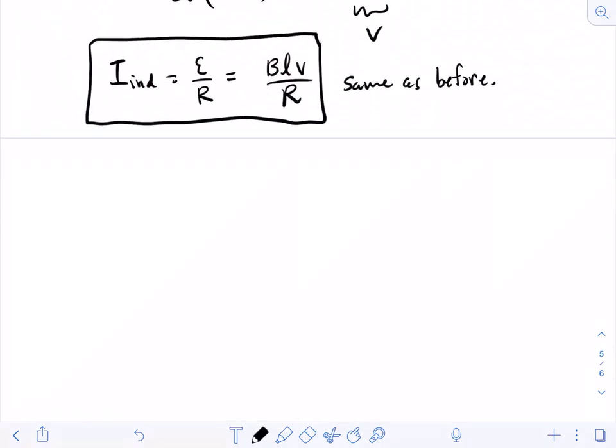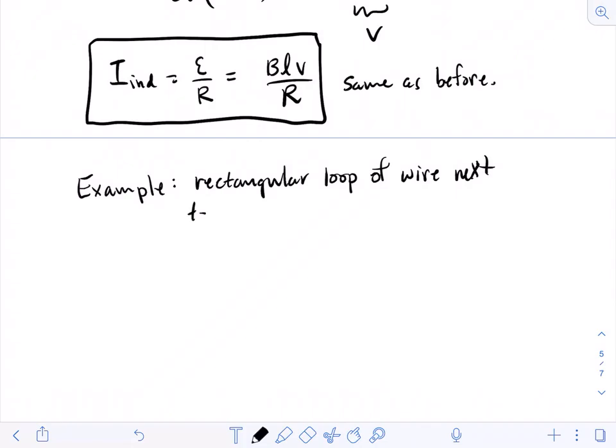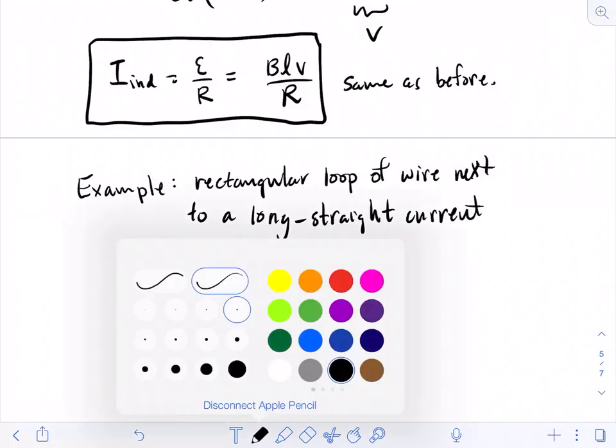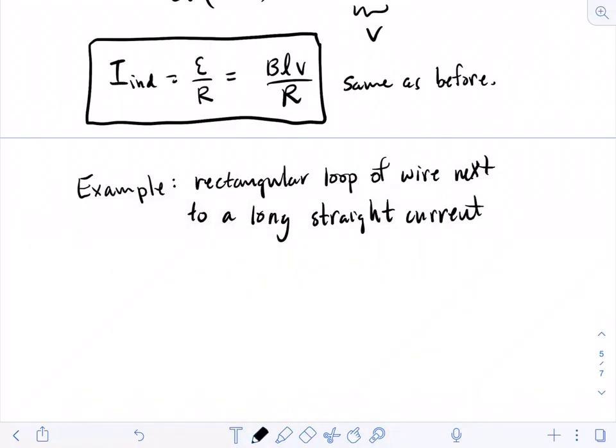So in this other example, let's do a rectangular loop of wire next to a long, straight current. Right, we just did this example of calculating the flux for a long, straight current.